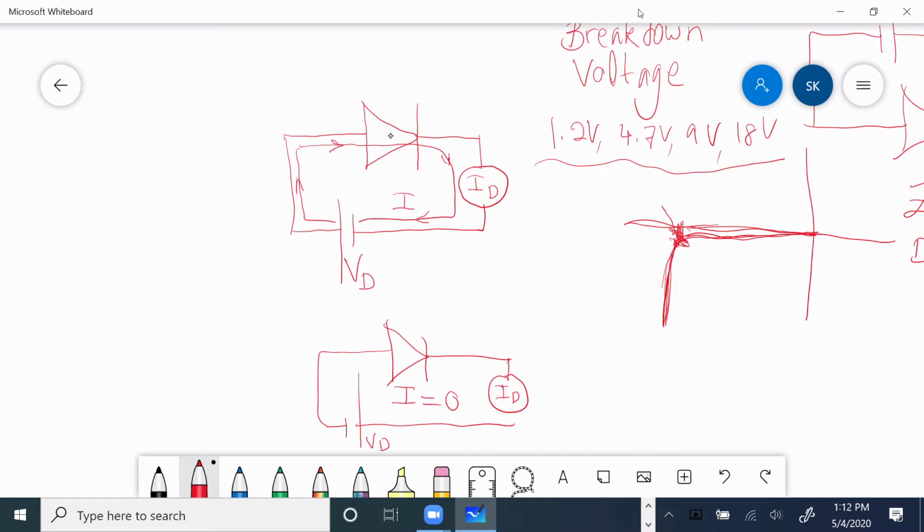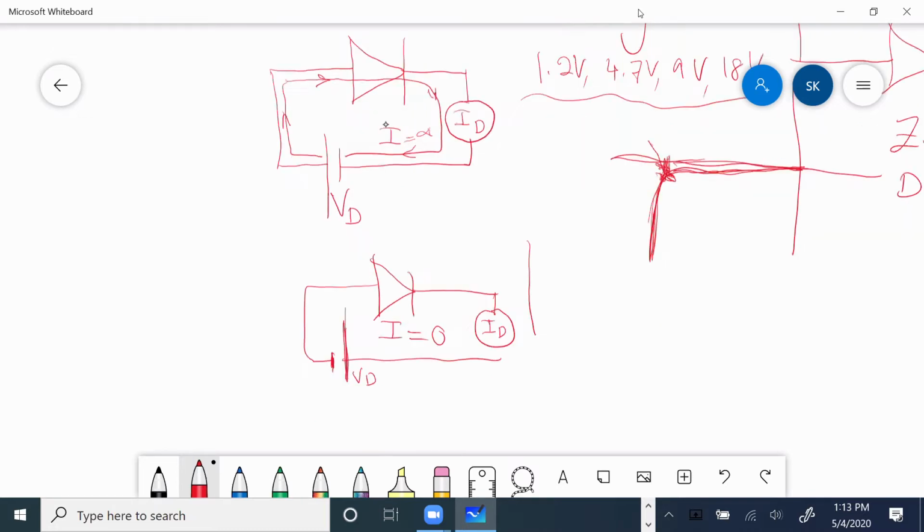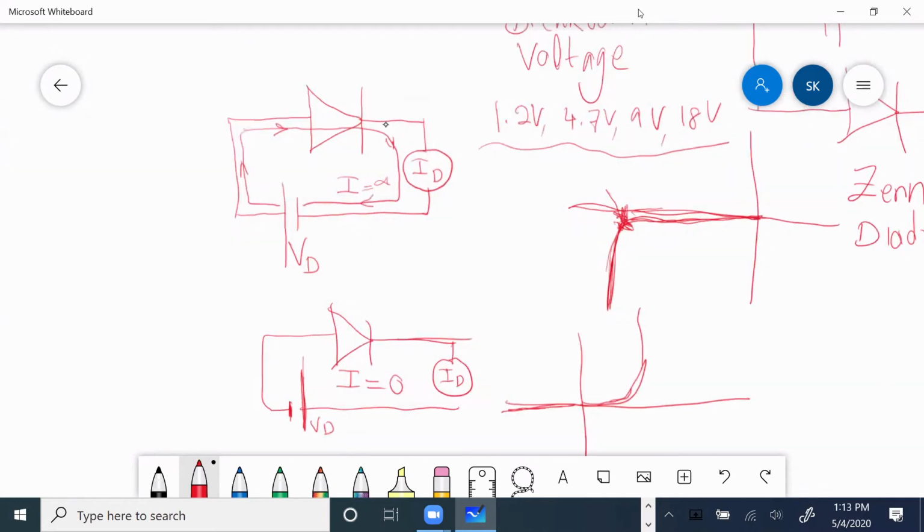Here I is a nominal value, say alpha. Here is 0. We won't have any current flow through the diode if it's reverse biased. Based on what we just discussed, we said that when we applied forward bias, there will be current. But when we apply reverse bias, there is no current. So because of this, this is the conclusion we draw.